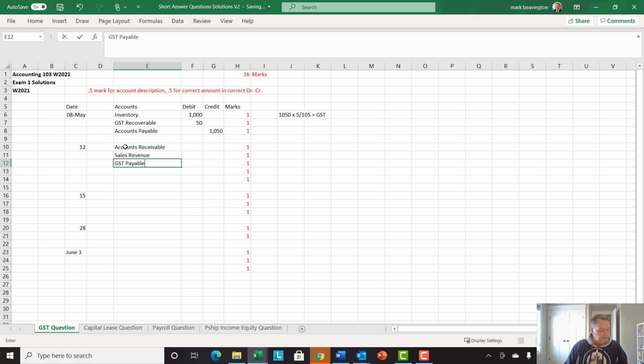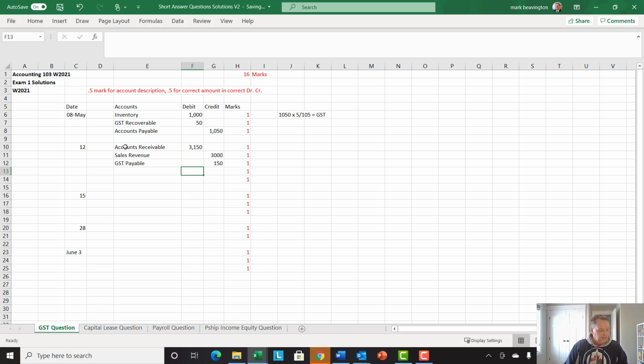So the GST, we know that the sale is $3,000. And of course, that's always a credit. The GST that we are going to charge is $3,000 times 5%, which should be $150. And then on accounts receivable, that must be the total, which is the $3,150. So that's the first part of that.